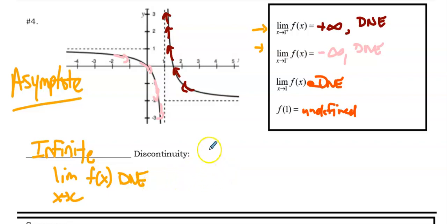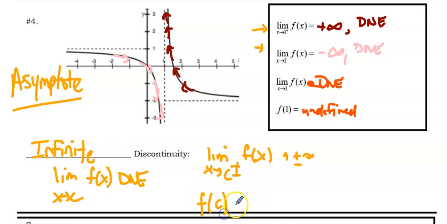The other thing I want to say, and this is usually what's happening, the limit as x approaches either to the right or to the left of f, usually they're going to be positive or negative infinity, okay? That's usually where it is because, again, we're approaching an asymptote. All right, so that's usually an idea for this. And just for the third time, f of c may be defined. All right.